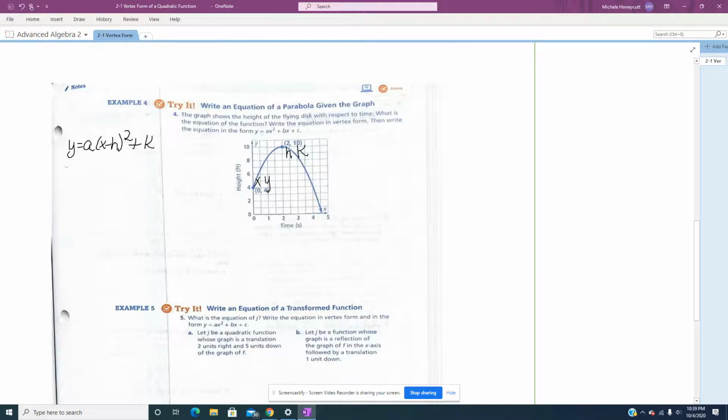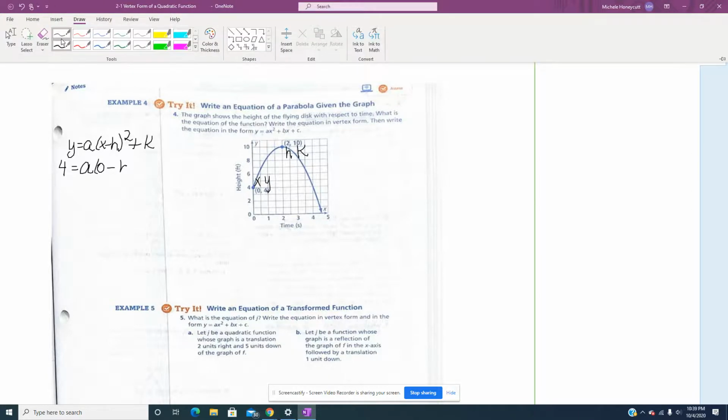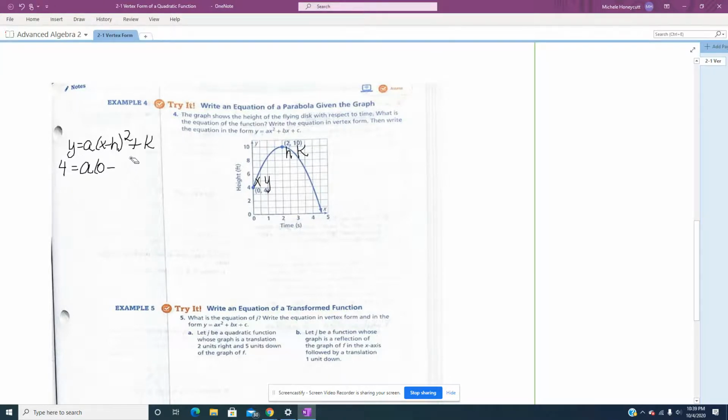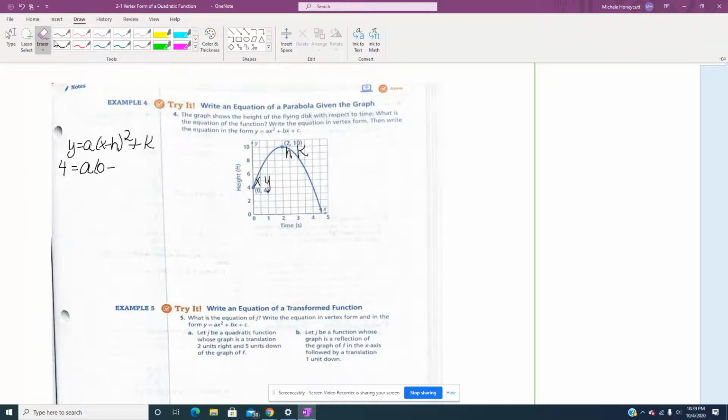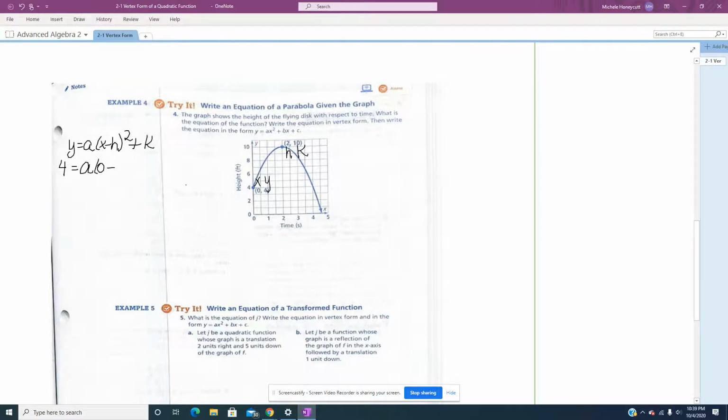So for the y I'm going to put in the 4, a I'm solving for, for the x I'm going to substitute in 0, minus the h, I used the 2, but I wrote h again, so let me erase. Zero minus 2 squared plus the k is 10.